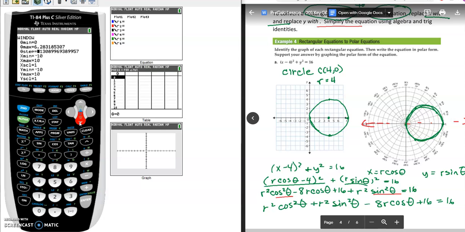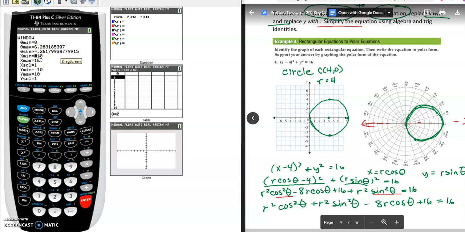You could go every pi over 6 units if you wanted to, which is fine as well, but you might not get that pi over 4 that you want to see. Let's see what happens. So there's pi divided by 12. You might be hearing some little humans in the background, and that's okay. And so we've got pi over 12 there.